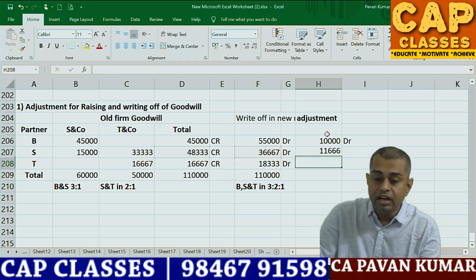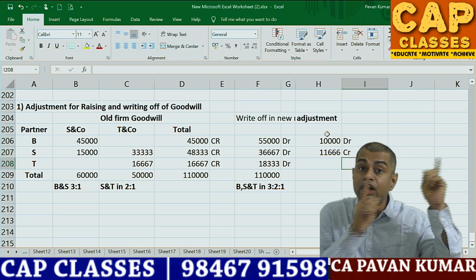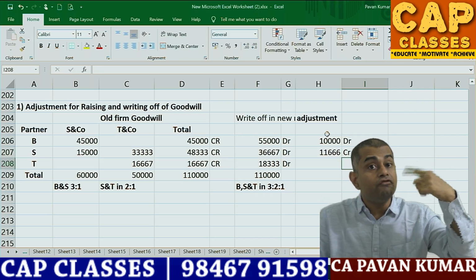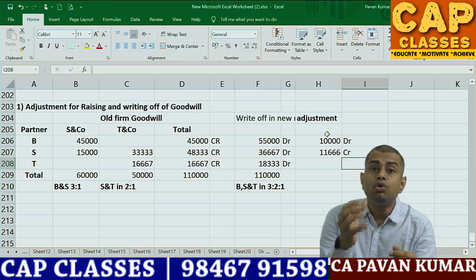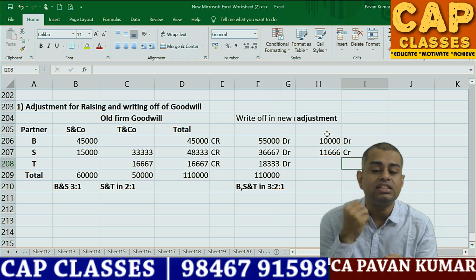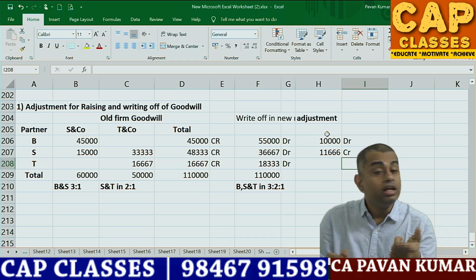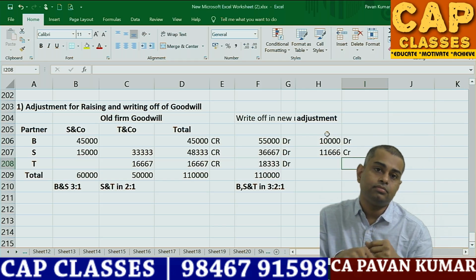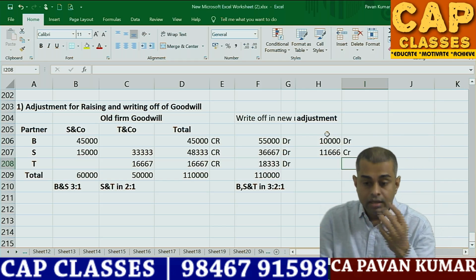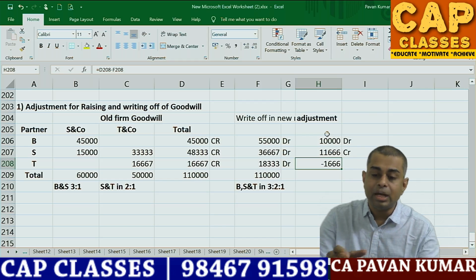So he will have 11,666 excess credit. That means in old books, you were enjoying goodwill of 48,333. But in new books, you are getting only 36,667 goodwill. So the other partners have to pay cash to you. If they are not paying in cash, your credit balances will increase. Simple logic. Then the third guy, 1666 negativity showing.